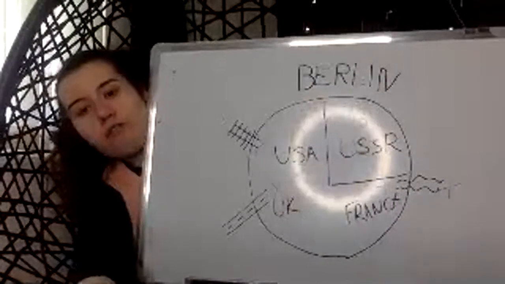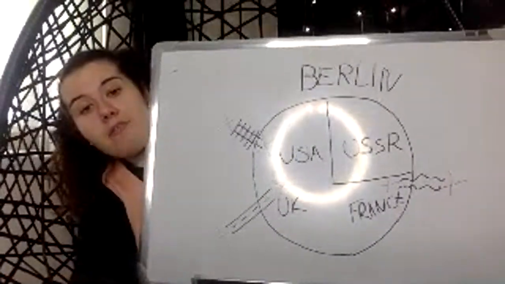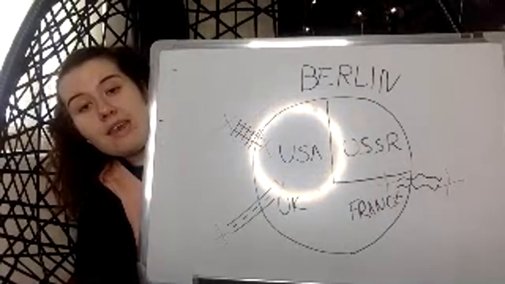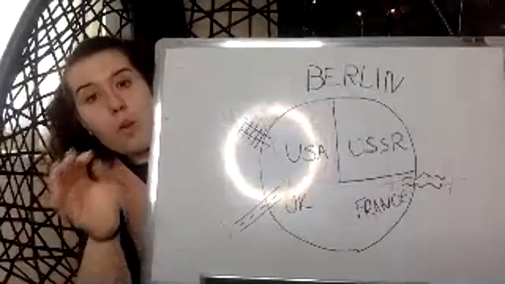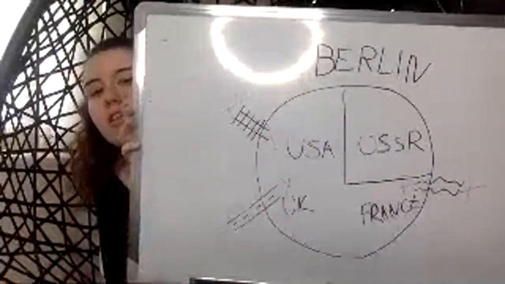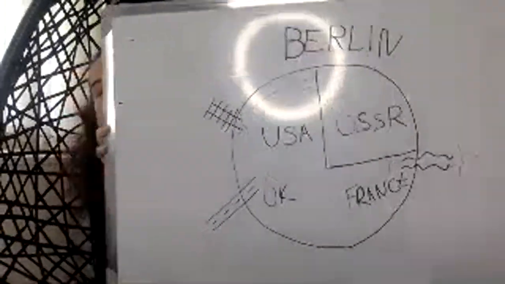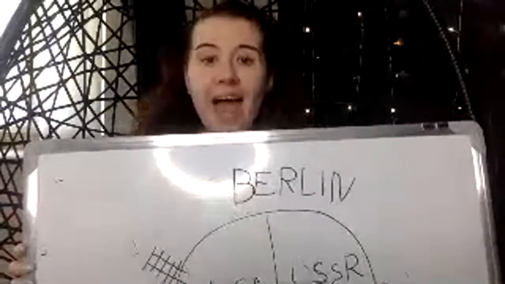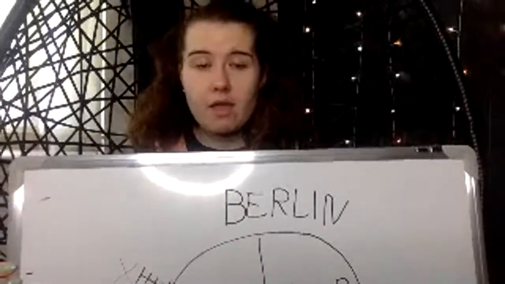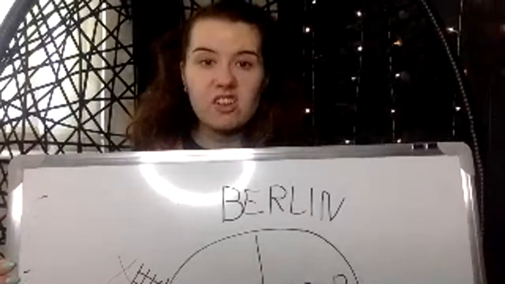Stalin blocks off every road, every railway, every canal to West Berlin. And he decides that he's going to starve the people of West Berlin and get them to submit and beg Stalin to be their new leader, to rule them.